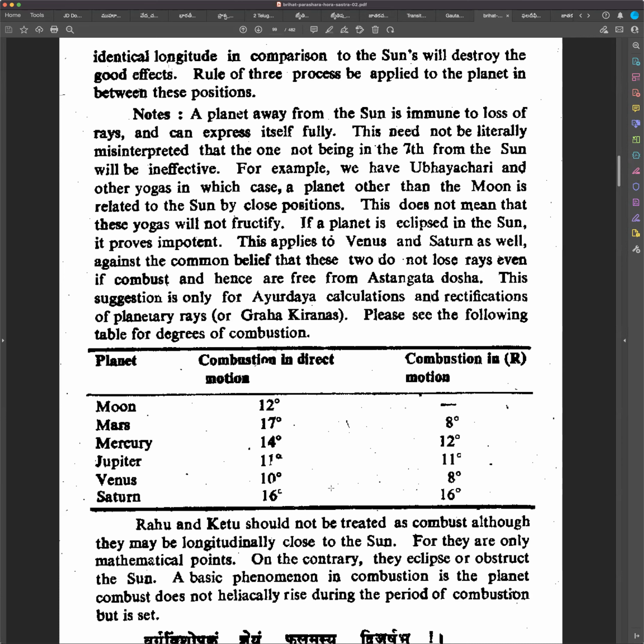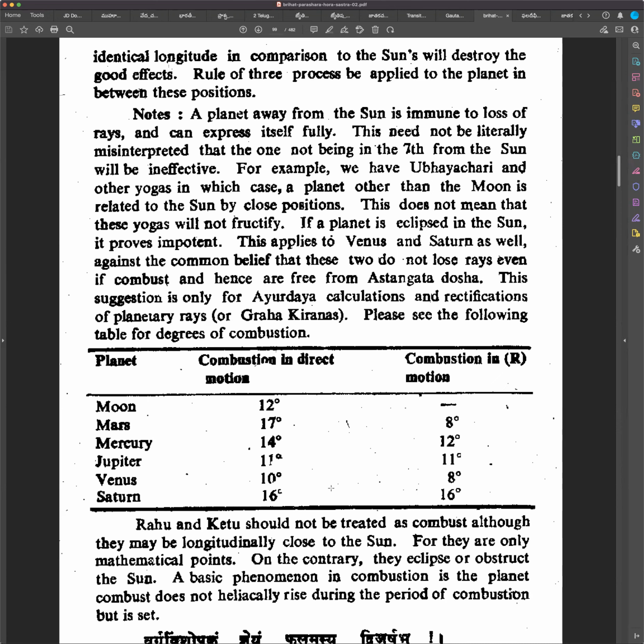That's why retrograde planets are destined to give the characteristics of the house and its lord. The person must experience that.